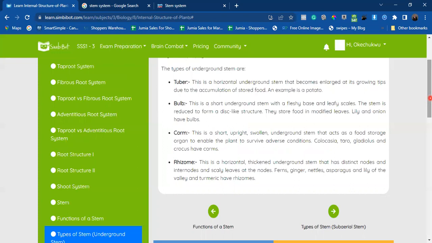Did you follow to this point? We have two types of stem. Underground stem and sub-aerial stem. That's the ones that do not grow under the ground. Now, under the underground, we have tubers. Example of tuber, we have potato.